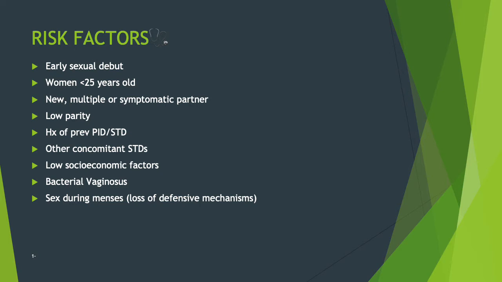If a patient presents with an early sexual debut, younger than the age of 25, a new sexual partner, multiple sexual partners, or a symptomatic sexual partner, low parity, history of previous PID or STDs, other concomitant STDs, low socioeconomic status, which is the majority of our patient population, concurrent bacterial vaginosis, as well as sexual intercourse during menses. This is mostly due to the loss of the defensive mechanisms that protect us from pelvic inflammatory disease.